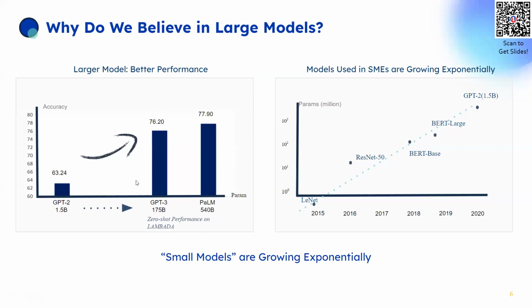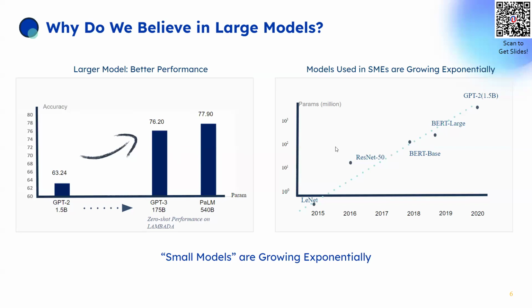Today you use GPT-3, you use GPT-4. Clearly, you can feel the difference. GPT-4 is much better than BERT. BERT is only 300 million parameters. GPT-3 has 175 billion parameters. With a larger model, you get better performance. The model has a higher level of intelligence. That's the key reason why we want larger models.